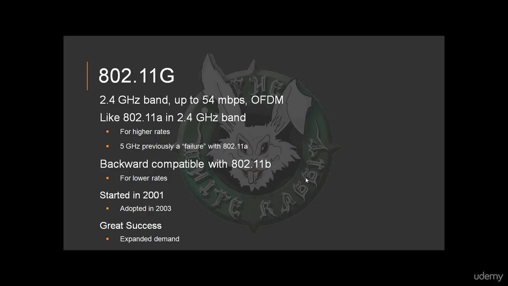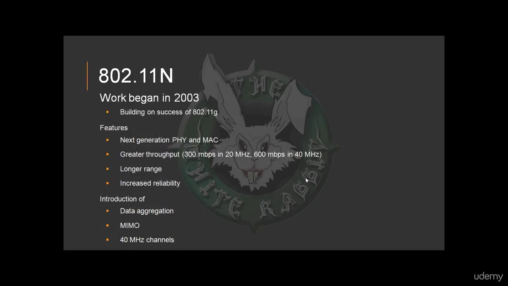Even while 802.11g was emerging, work already began on the next generation of Wi-Fi physical layer. And in fact, this was not just the physical layer, there were also enhancements in the MAC layer. This was quite a major step forward because multiple new powerful ideas were introduced in 802.11n.